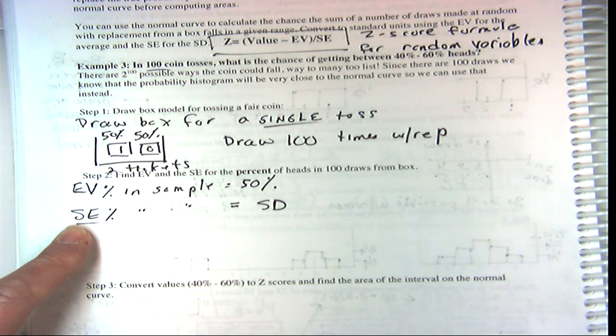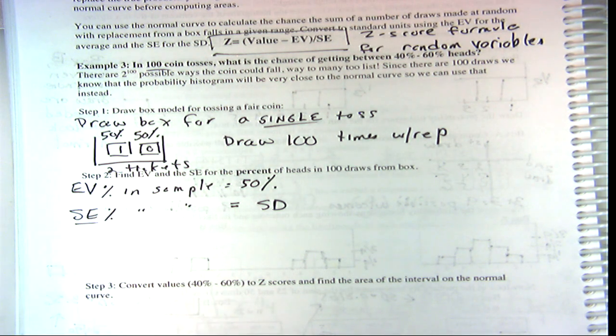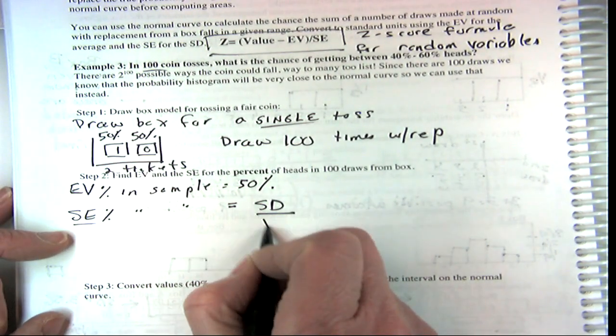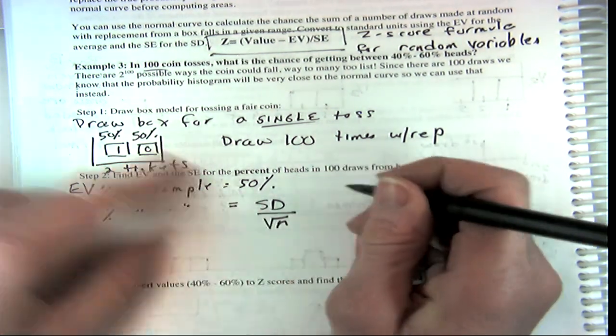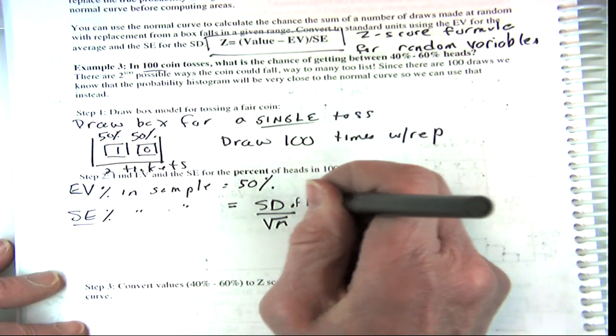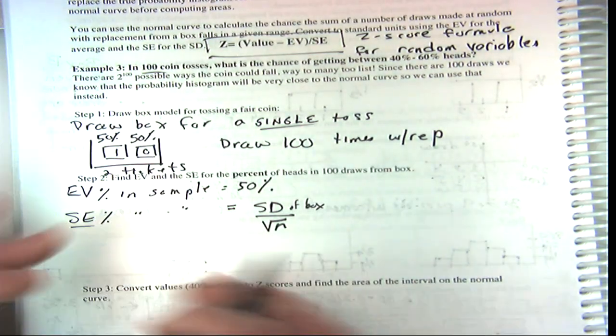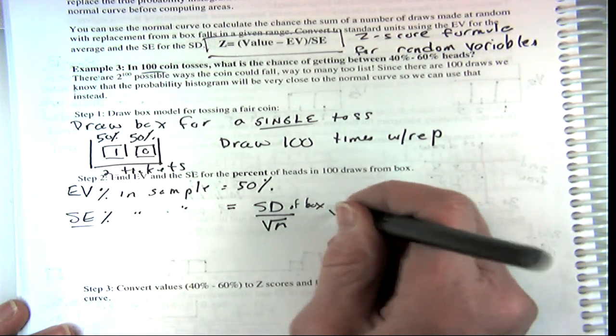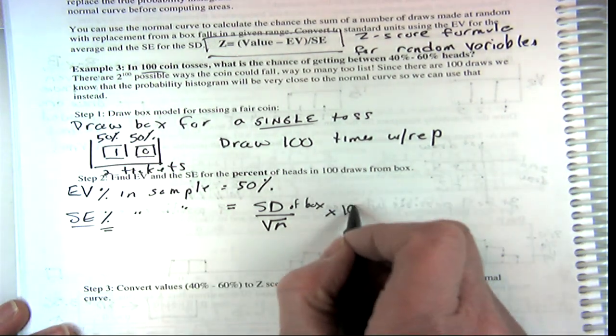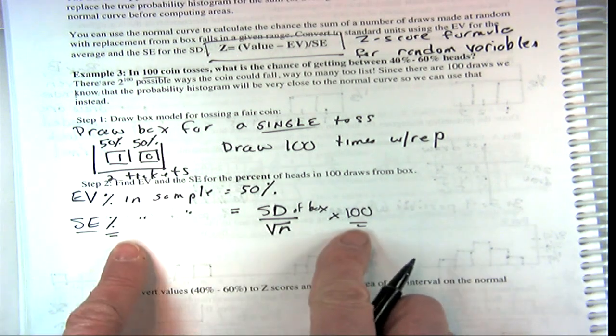It's like an average, a percent and an average, so you divide by the square root of n. That's the standard deviation of this. You could call it sigma, but I just want you to get this really clear. And then, because it's a percent, you multiply by 100. That's where that part comes in.